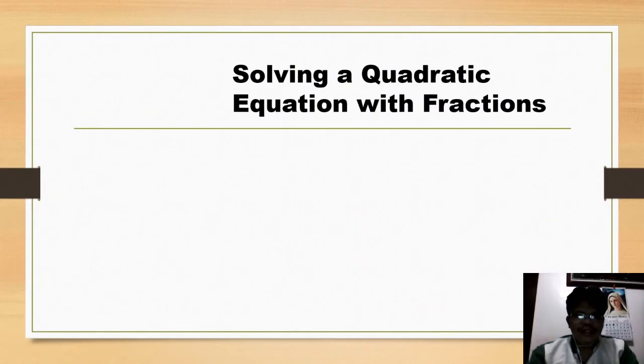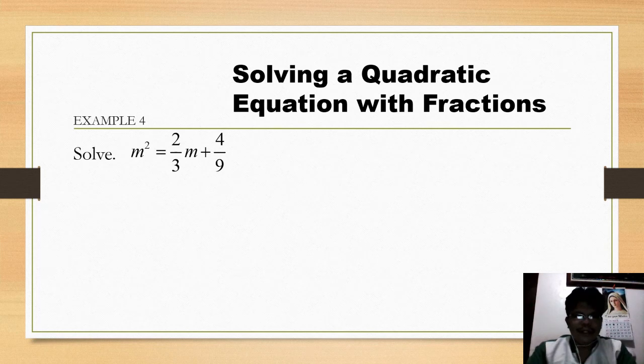So let us now proceed to example number 4. n squared equals 2/3 m plus 4 over 9. Now you may observe this equation is different from example number 1, example number 2, and example number 3. Now, how do we transform this kind of quadratic equation? Ang unang gagawin natin, ililipat muna natin siya sa walang fraction na equation.